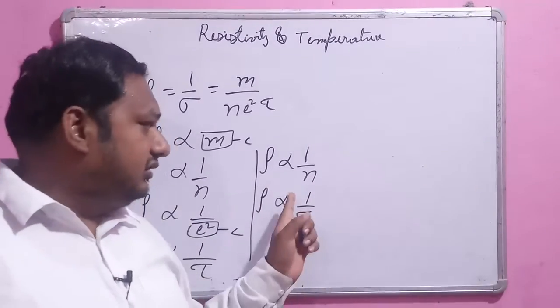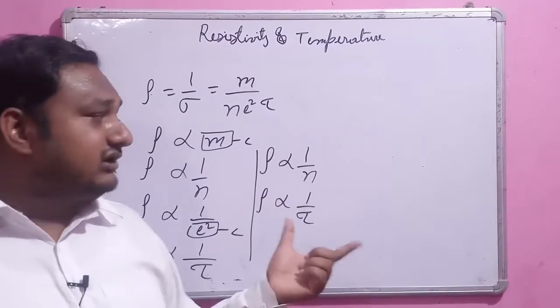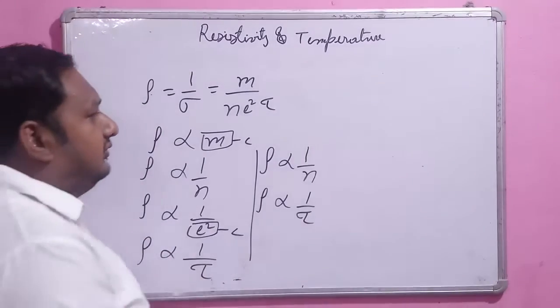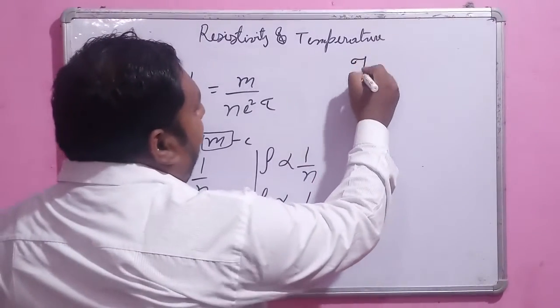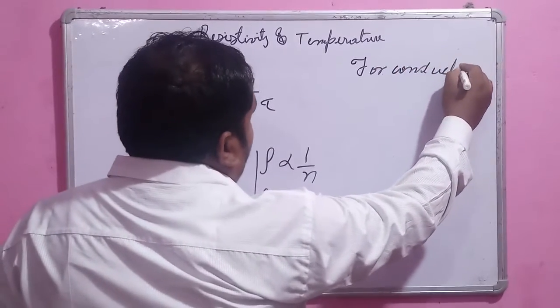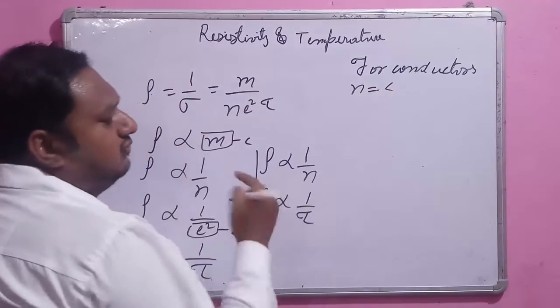It is not constant for semiconductors. For conductors, this number density is constant. So we can write here for conductors, n equal to constant.